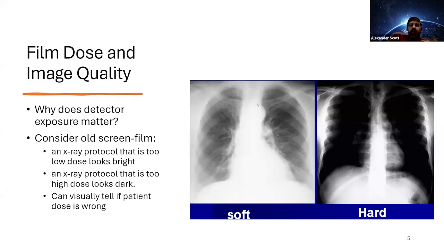So a protocol that is too low dose is going to look bright. It's underexposed. And if the technique is too high, then it will be too dark. So that patient not only got more dose than they needed, but the film looks terrible. So just looking at the images, you can tell if the patient dose is right or wrong because the film looks good or bad.